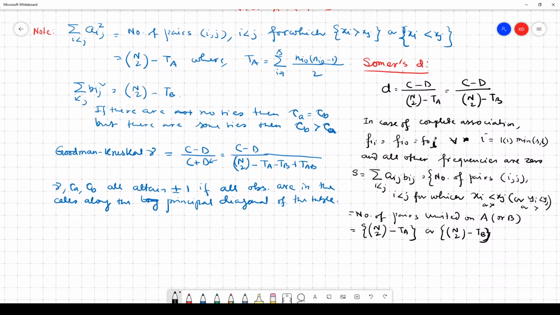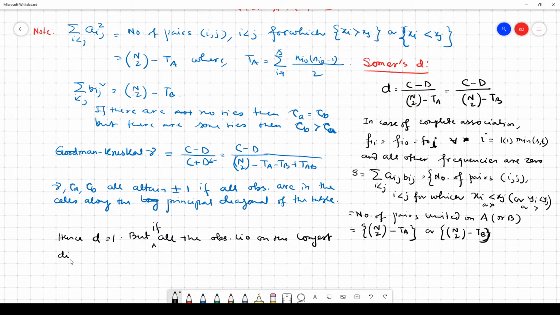So hence D equal to 1. But if all the observations lie on the longest diagonal, because I did not use principal diagonal since it is not a square table.